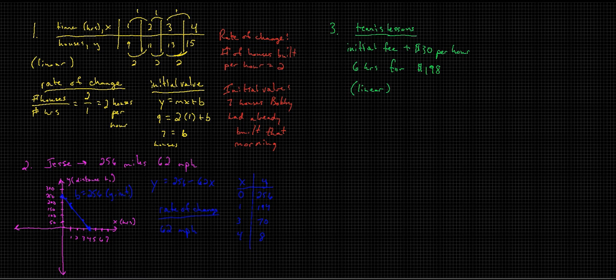Well, that's when 0 hours have passed. So the line crosses the y-axis at 256, which is miles. And the reason for this is because at 0 hours, Jesse has traveled 0 miles.